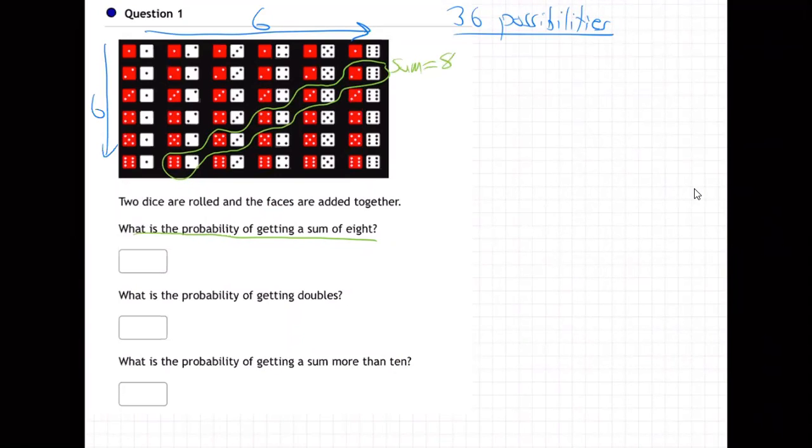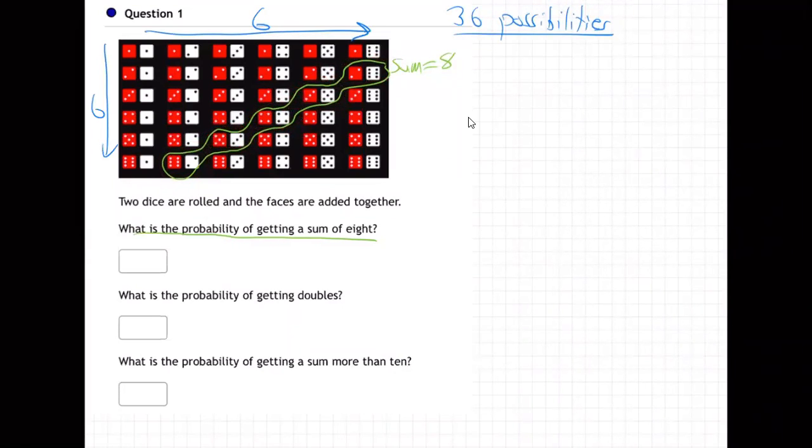You notice that? Every one of those, their sum is 8. They add up to be 8. Like 2 and 6, that adds up to be 8. 3 and 5, 4 and 4, or 5 then 3, 6 then 2. All these add up to be 8.